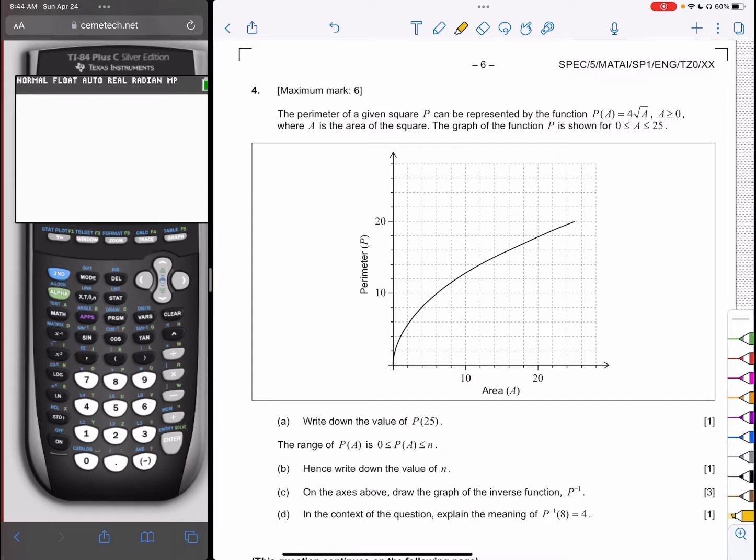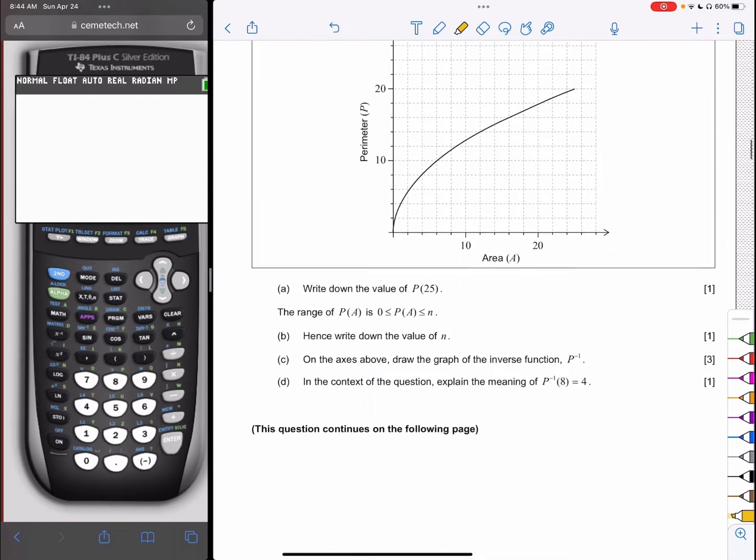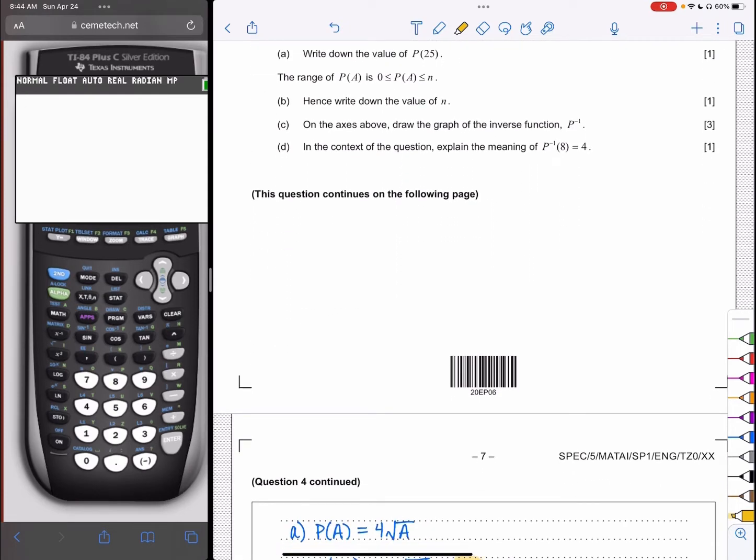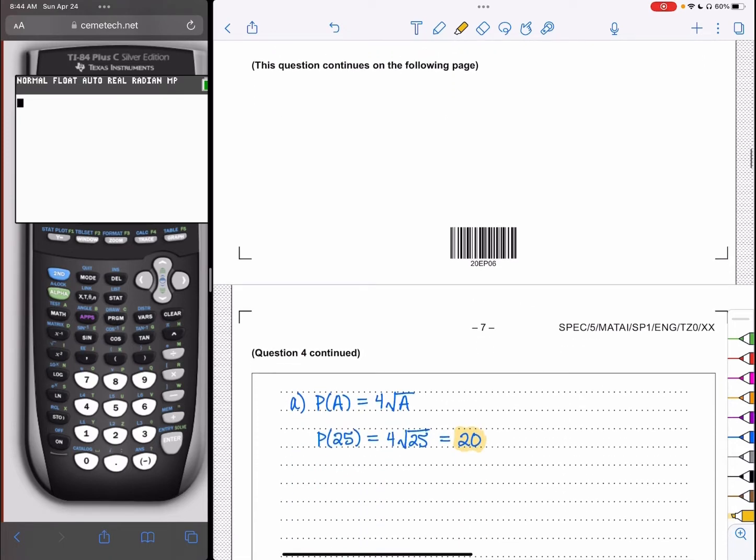The upper value of my domain is 25, which means that if I substitute in 25 or use my answer from part A, I will end up having that the value of my n is also 20. Okay, so I know that n has to be 20 here. So once I find that, then I can move on to part C.